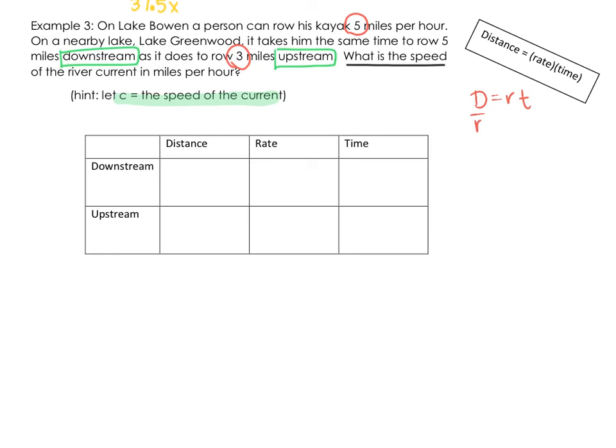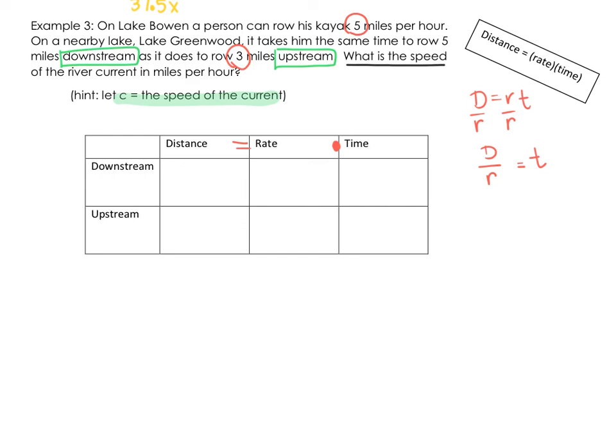If I divide both sides by r, that tells me that time is the same thing as distance divided by rate, which is how I'm going to use it in my table. So distance equals rate times time, but this last column, time, is going to be distance over rate.